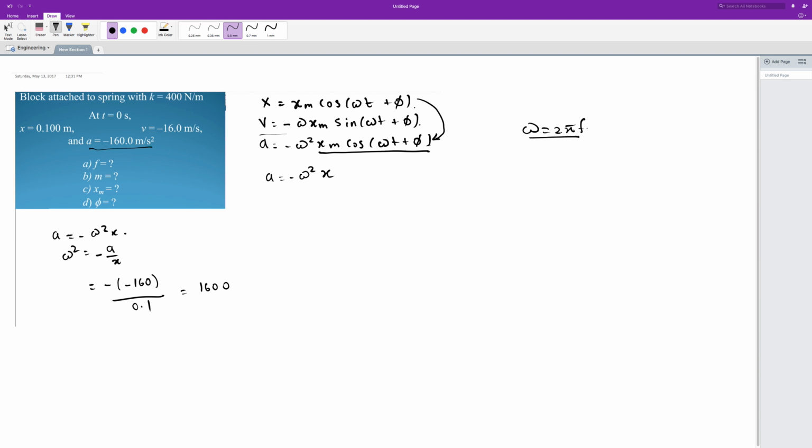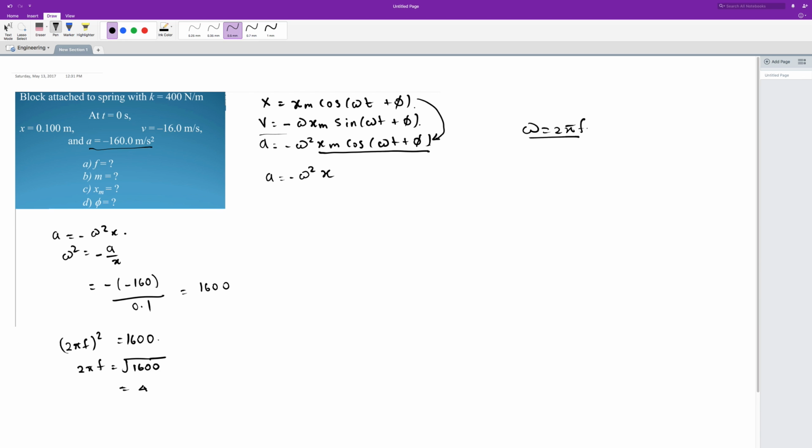Therefore (2 pi f) square is equal to 1600, and if I square root both sides, this is going to be 2 pi f is equal to square root of 1600, and that is equal to 40, right?